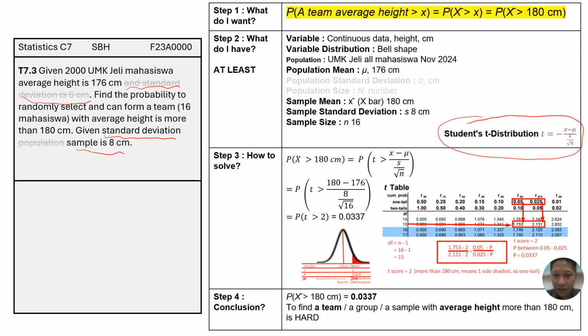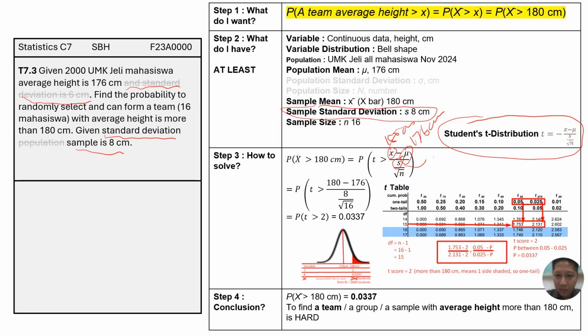We're going to plug inside what is the average height that we want, which is 180 cm. This is what we want. The mu is the population mean. This is from the population. We have 176. S is the sample standard deviation.